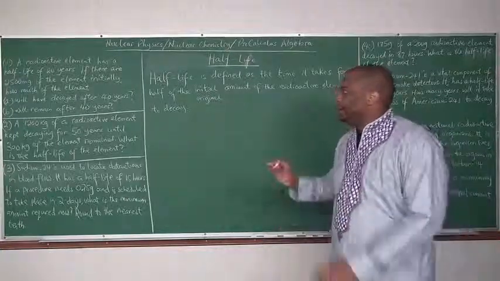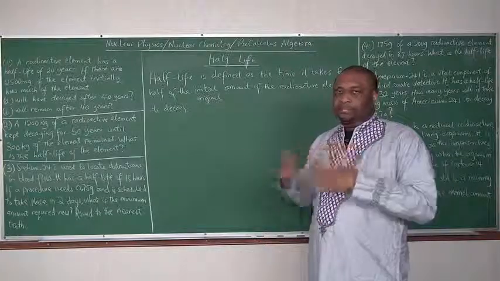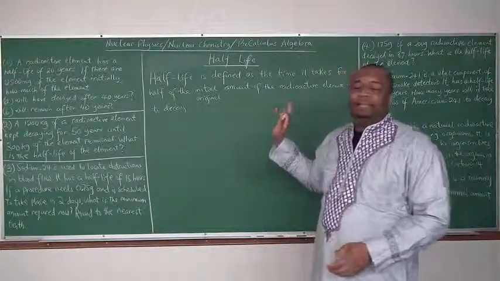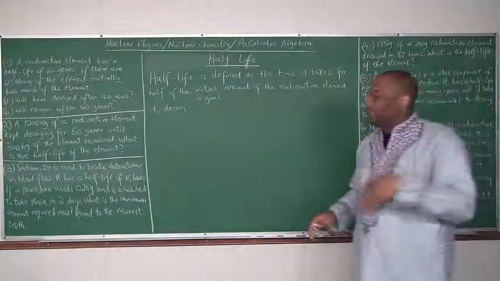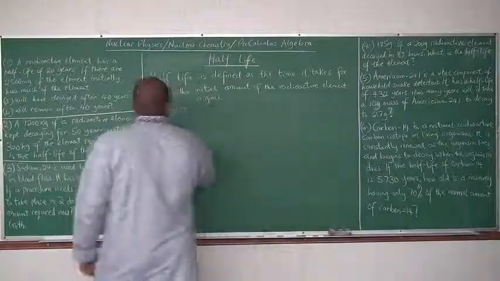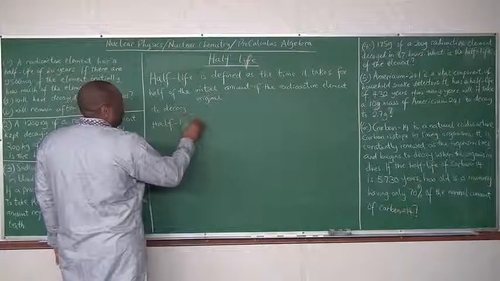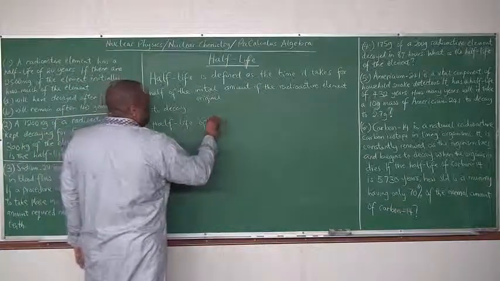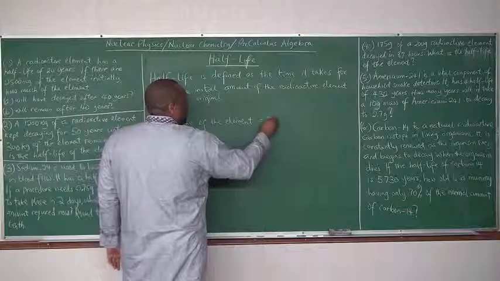Now, let's solve this from first principle. What do I mean? Let's solve it from the definition, without using a formula. So we have that the half-life of the element is 20 years.